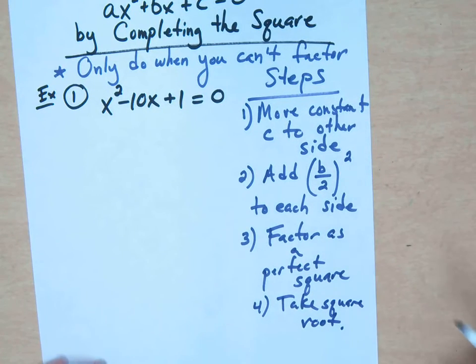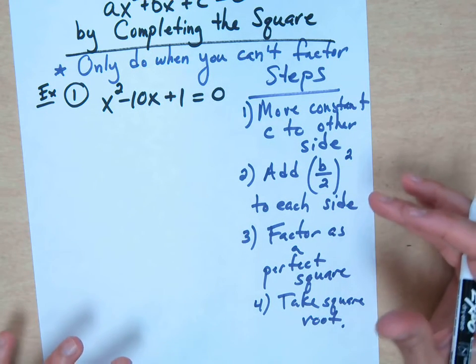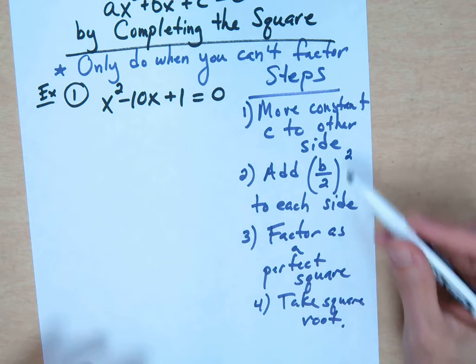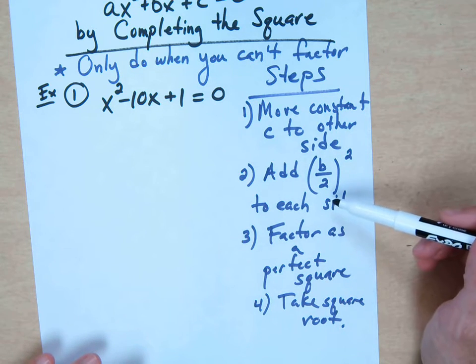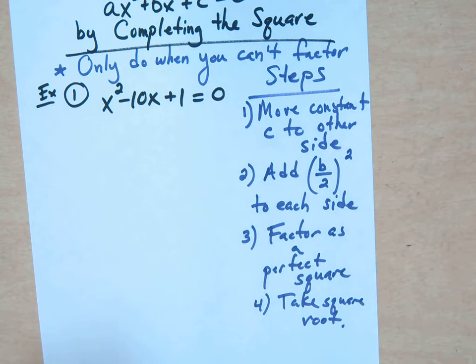Those are the steps. Some of you might be thinking, why not just use the quadratic formula? Well, this is where the quadratic formula comes from. So this actually is using the quadratic formula, it's just using a better understanding of it. And it turns out that the skill of completing the square is useful with other things.